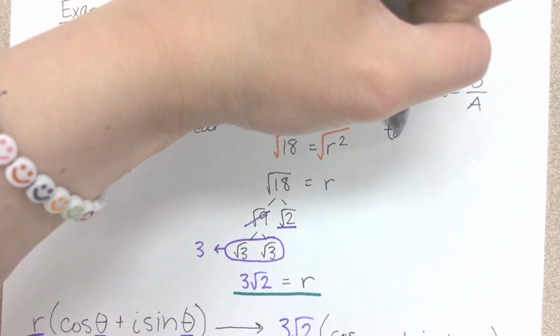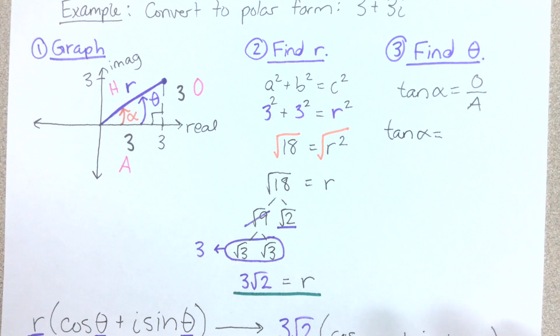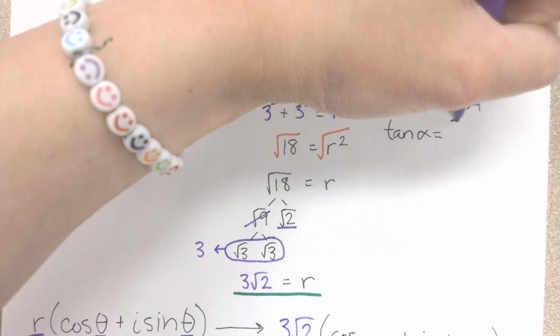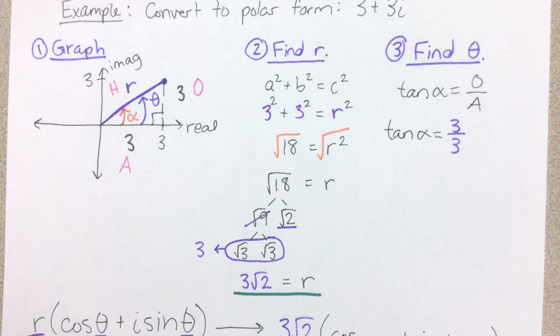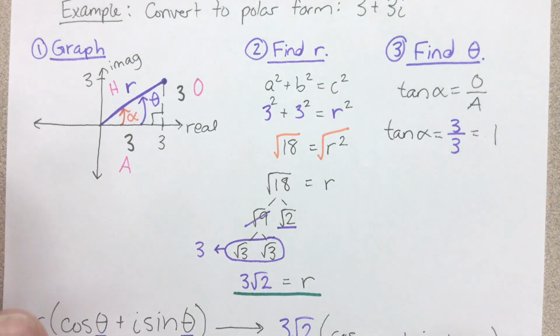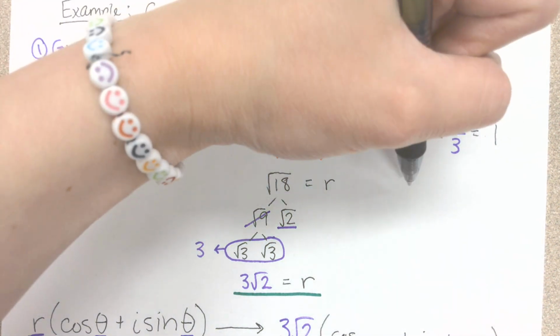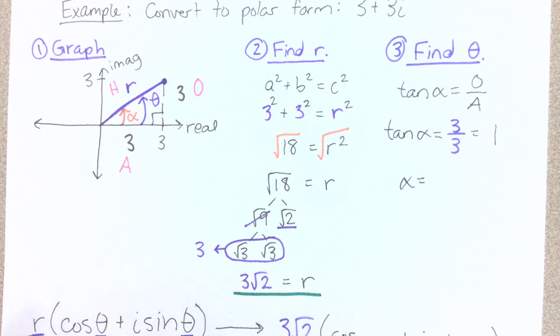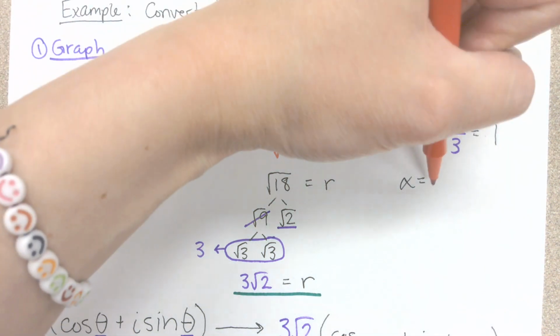Filling in, I have tangent of alpha equals, O and A are both 3. 3 over 3, which is conveniently 1. And then to solve for alpha, remember we have to use the inverse tangent to remove the tangent from alpha.